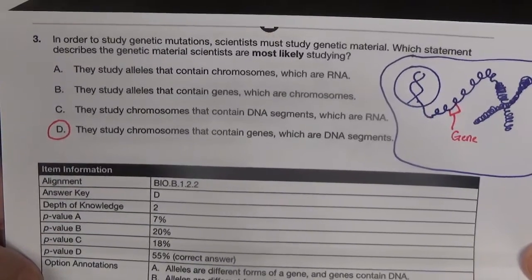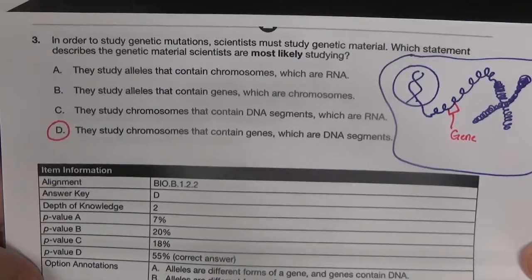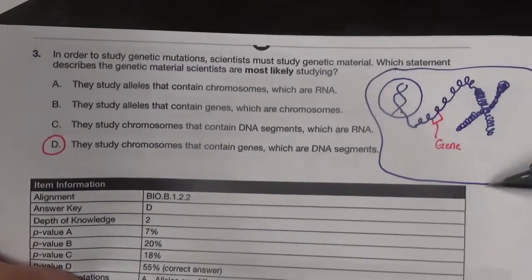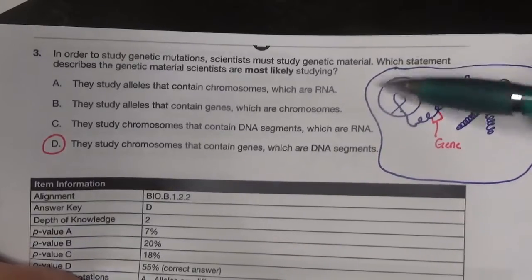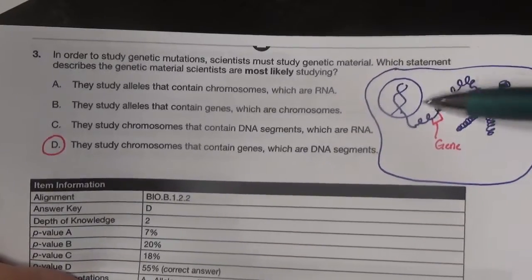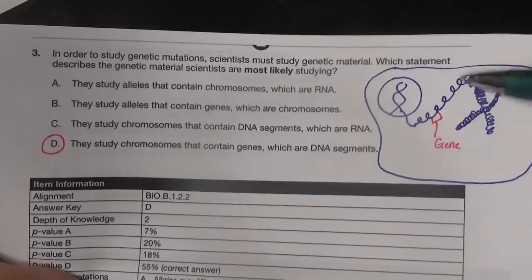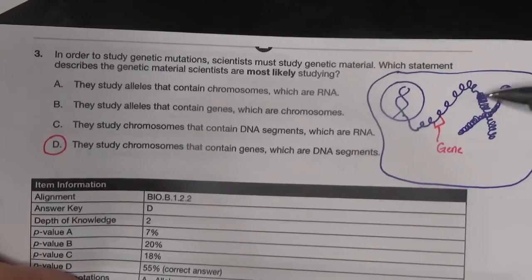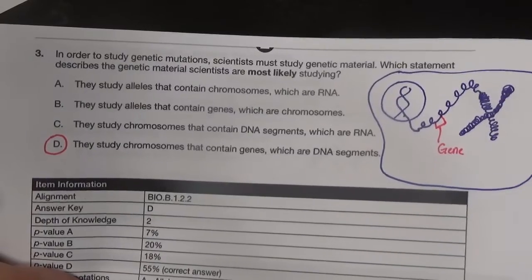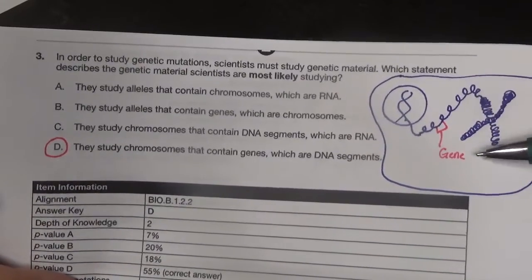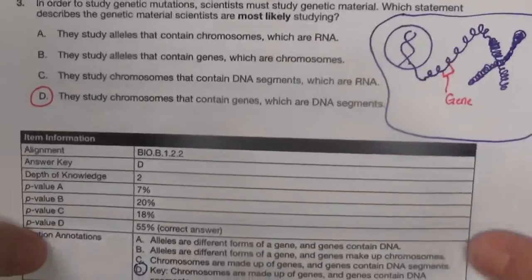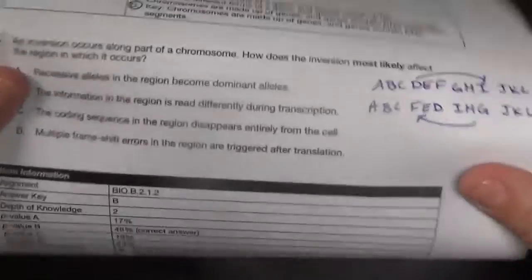Or they study chromosomes that contain genes, which are DNA segments. To help me answer this, I just kind of drew my little picture. I've got my DNA, I wind it up on little proteins called histones, get it all nice and organized, and turn it into a chromosome. So chromosome contains genes, which are segments of DNA. So D would be the most correct answer here.